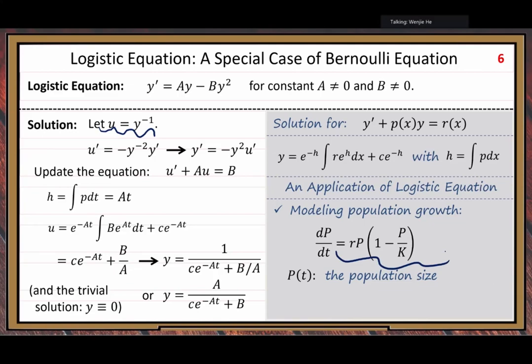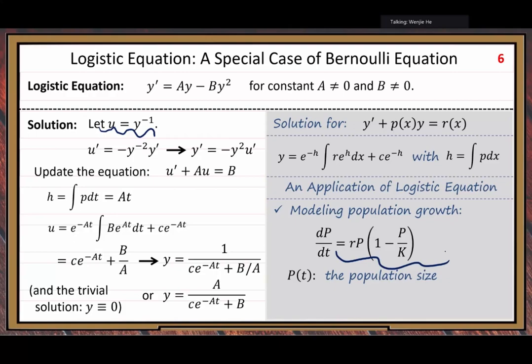When the population keeps growing, sooner or later it hits the upper bound, capital K. 1 minus P over K, when P equals K, equals 0. If it equals 0, the derivative equals 0, that's going flat, so your population stays the same.